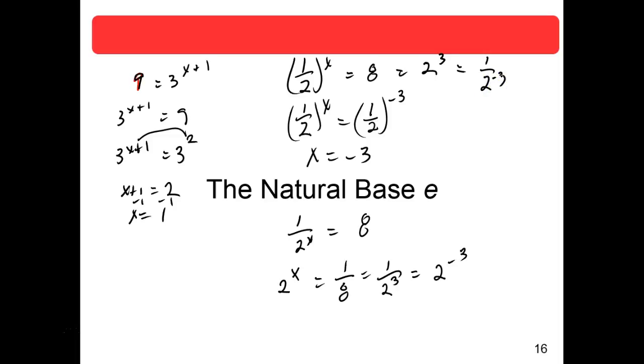And now take this to be 1 over 2 to the x, and again you've got x equal negative 3. There's several paths you can take to get there, but you've got to get the same expression on one side as the other, just the exponent's different. Then you can set them equal to each other. If that's an equality, it's got to be true. That's what they call the one-to-one property.